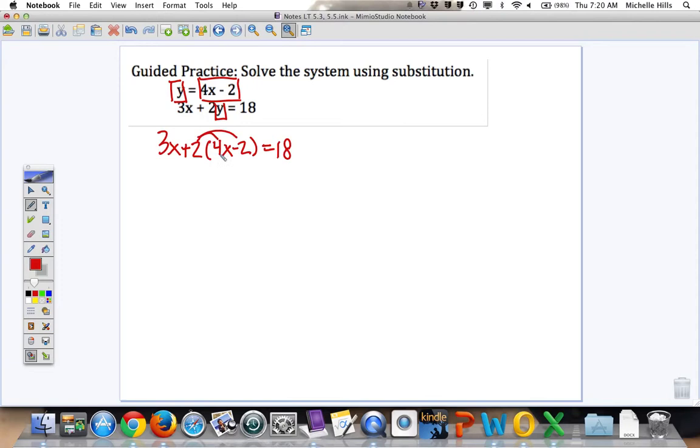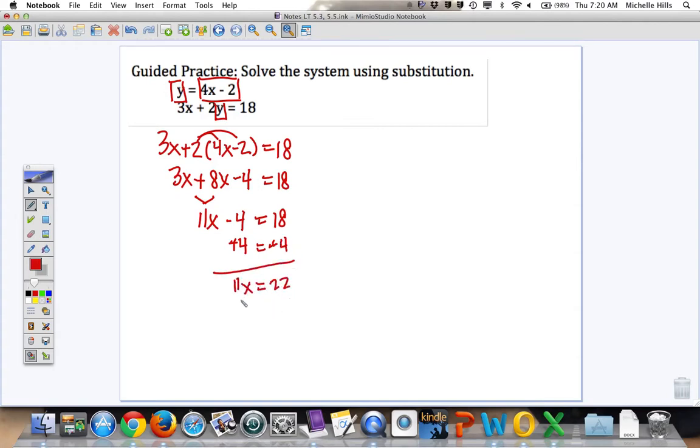When I distribute, I get 3x plus 8x minus 4 equals 18. 3x plus 8x on the same side is 11x minus 4 equals 18. When I add 4 to both sides of the equation, I get 11x equals 22. So then when I divide by 11, x equals 2.